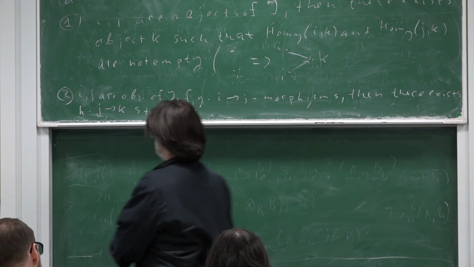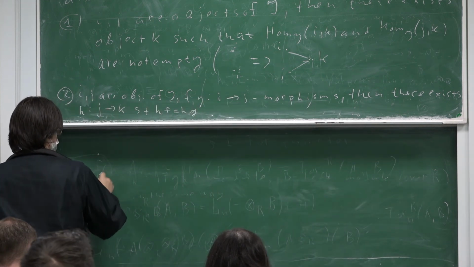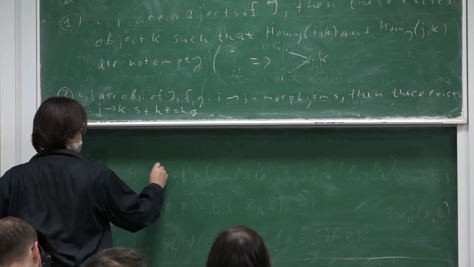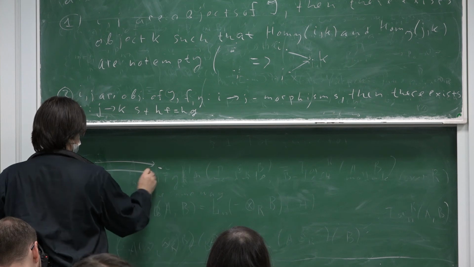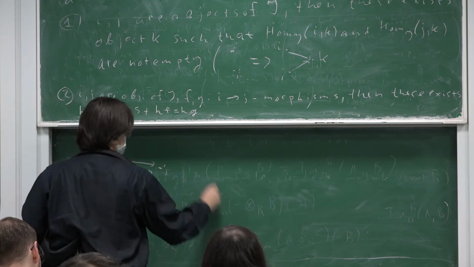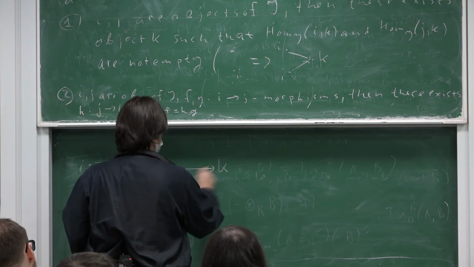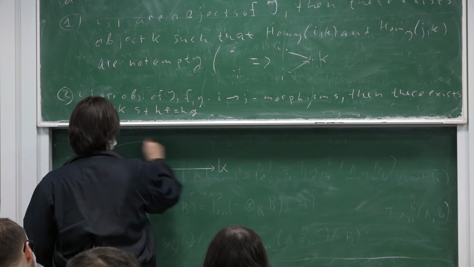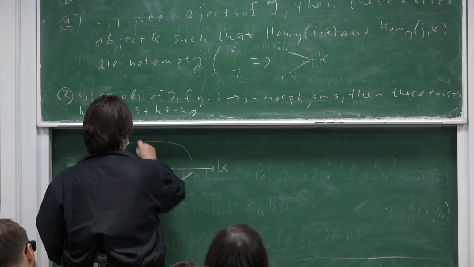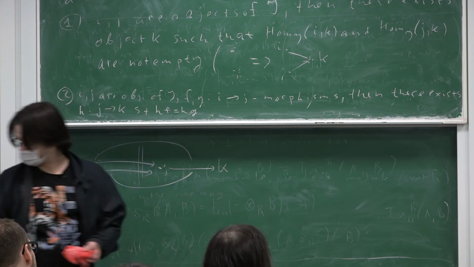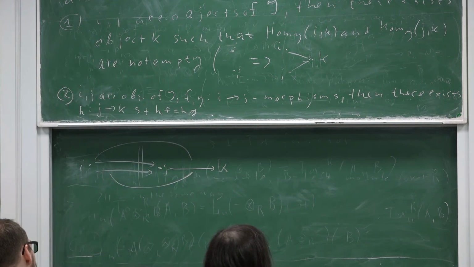So if you have I, J, and two morphisms, then you can take some K such that this composition is equal to this composition. So you can equalize them.